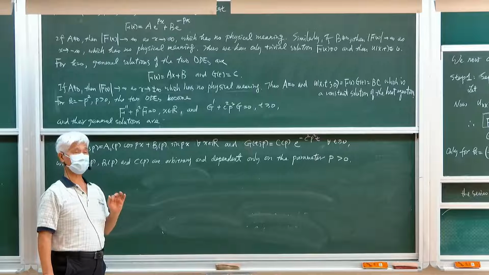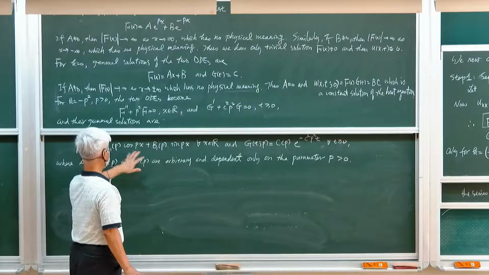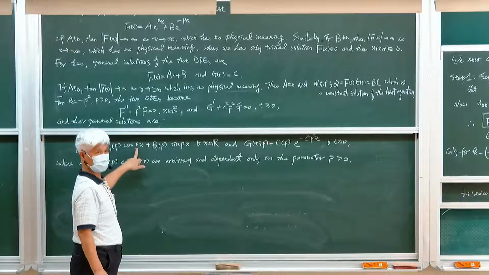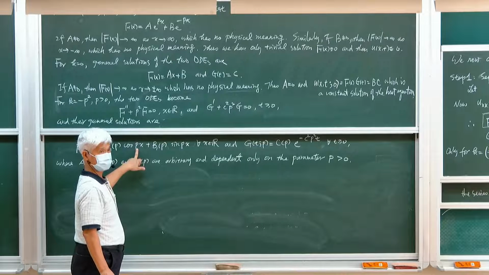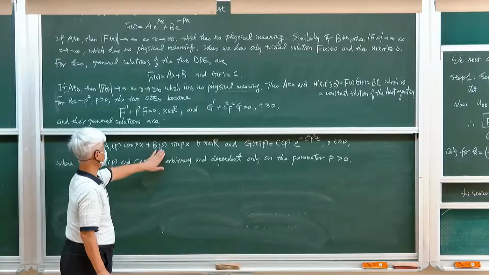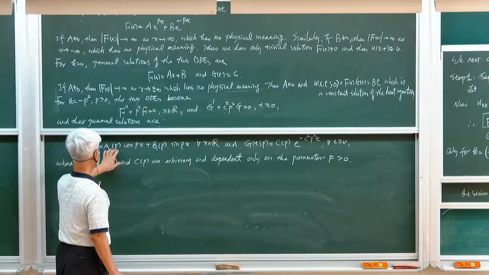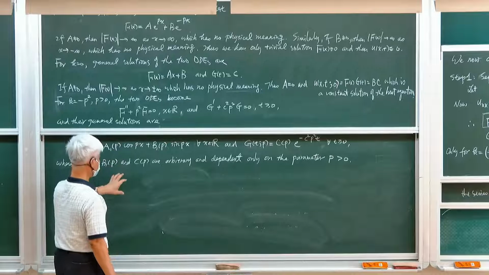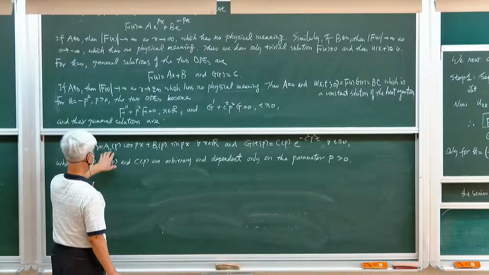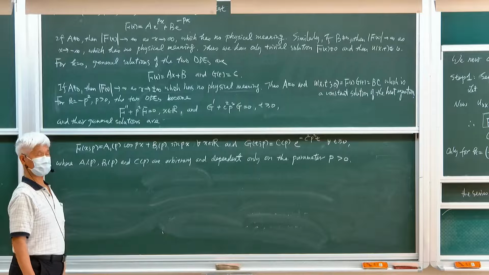But when you specify boundary conditions or initial conditions to determine the coefficients, it will in general depend on the p here. So that we just give the explicit dependency of these coefficients on the parameter p.